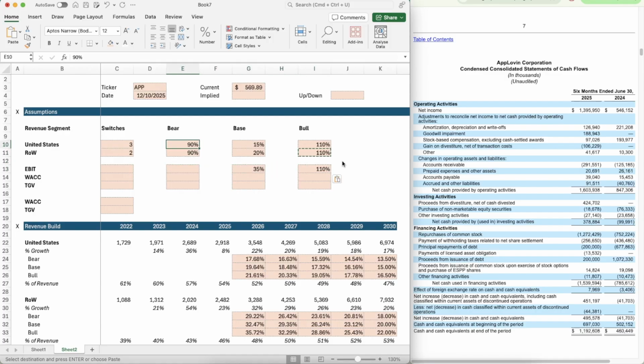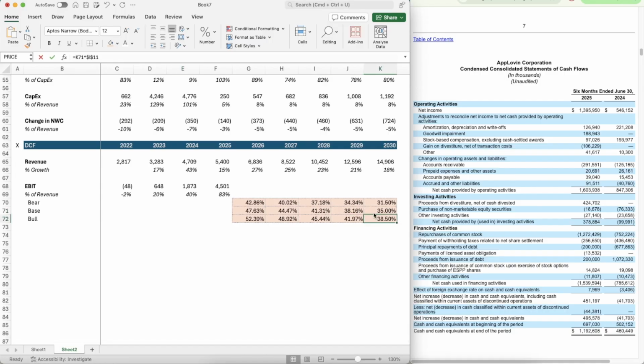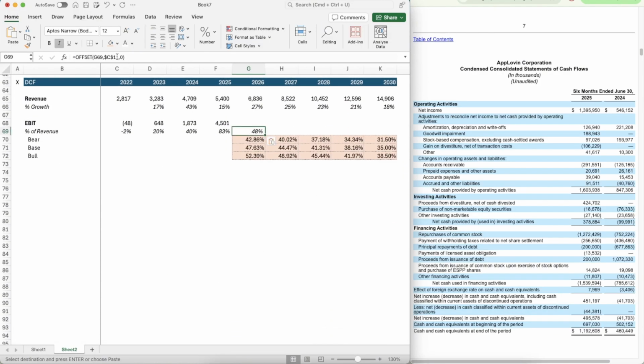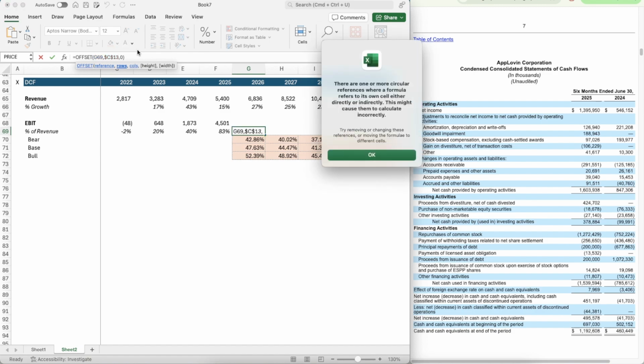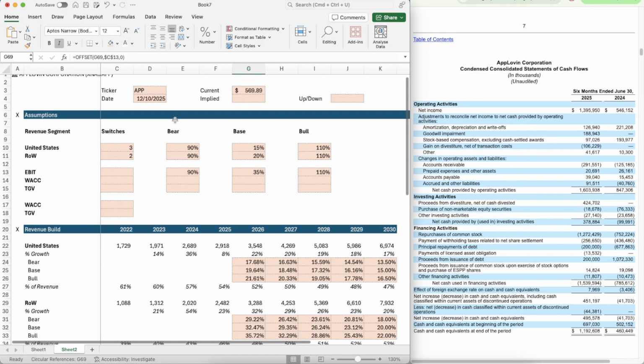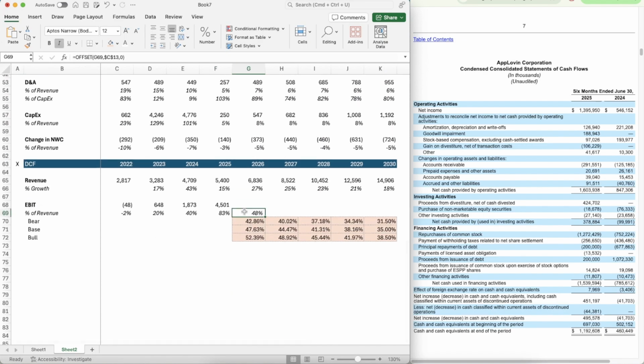This will be 13. G13. Copy from here, put it down, but remember, change this to 13. The reason it's saying that is because we haven't put our switch in. There we go. But these also need to be 13.